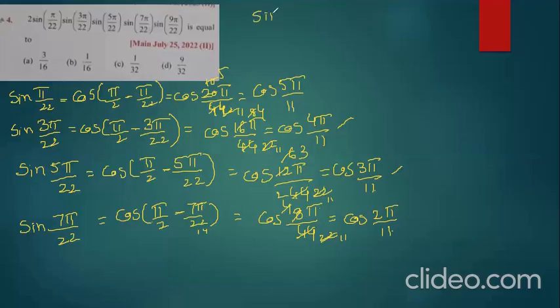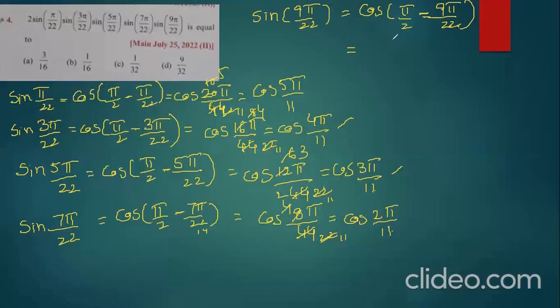Sine 9 pi by 22 can be written as cos of pi by 2 minus 9 pi by 22. Okay, because if I convert into cos, we can easily directly apply the formula.